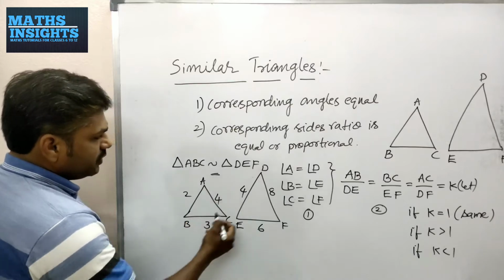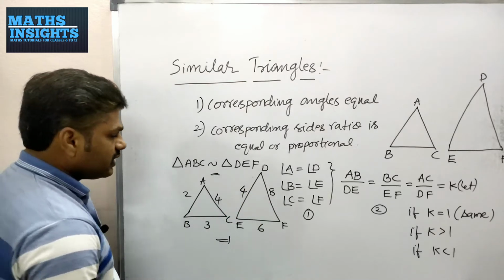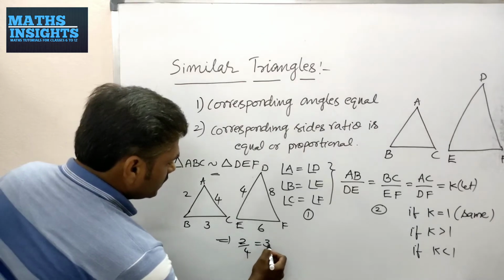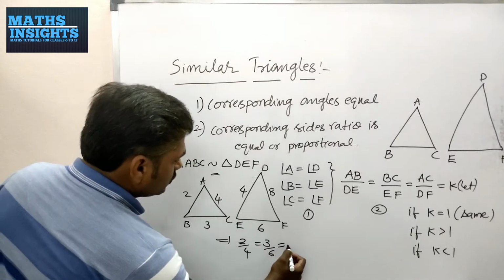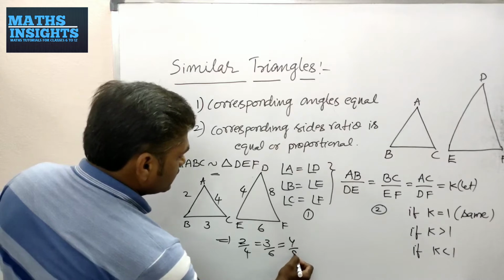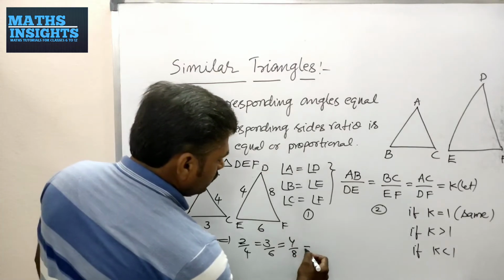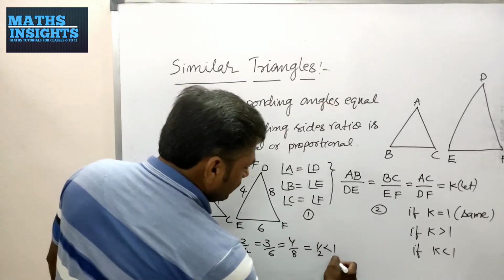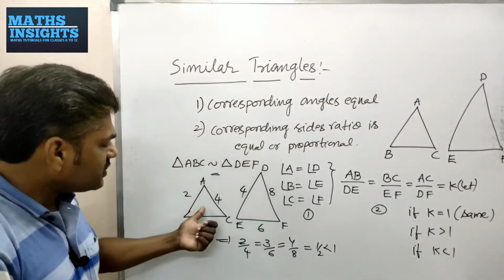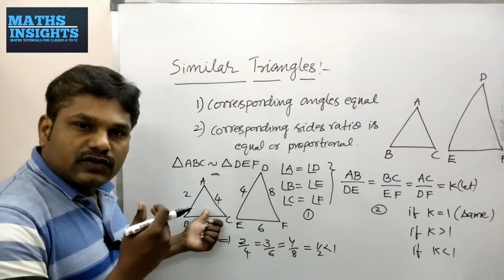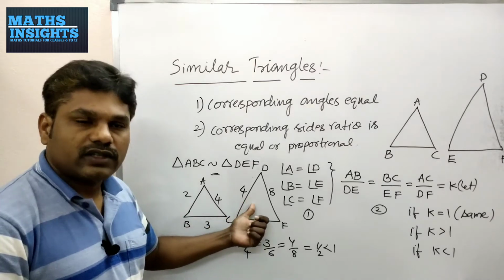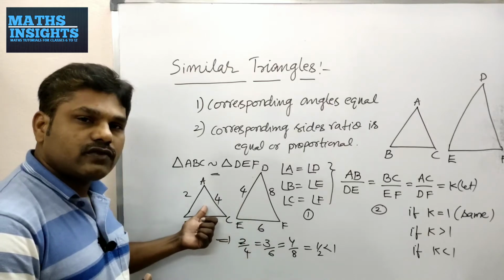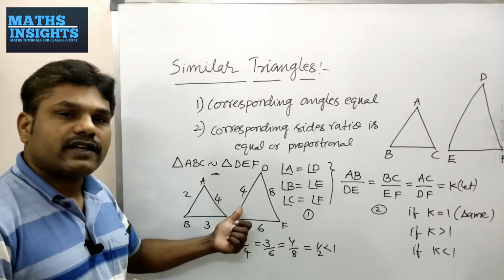For the side AB, the corresponding side is DE. Therefore, 2 by 4 is equal to 3 by 6 and also 4 by 8. In all these cases, we will get the value 1 by 2, which is less than 1. That means the first one is smaller than the second one. These two are similar, but in size, the first one is smaller than the second one.